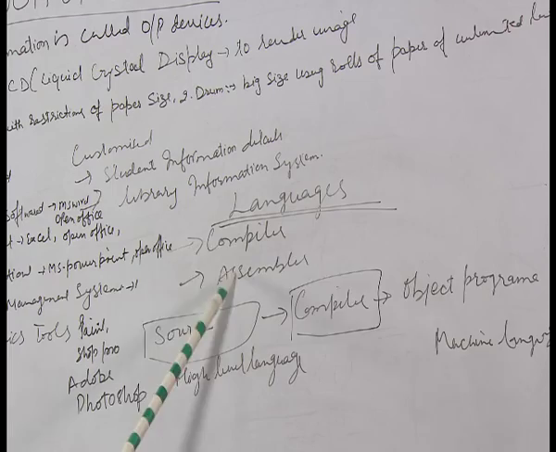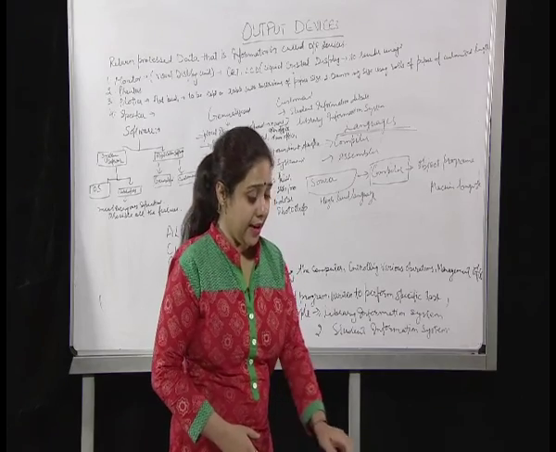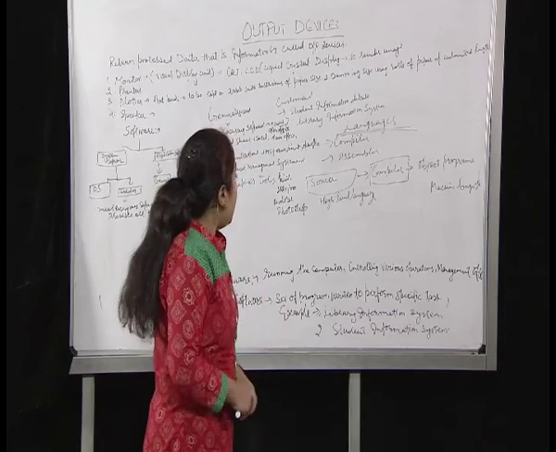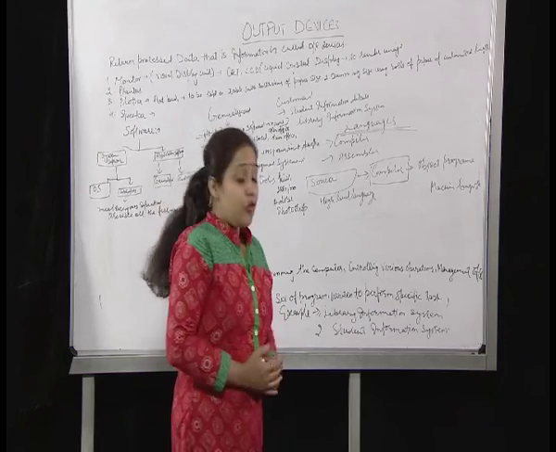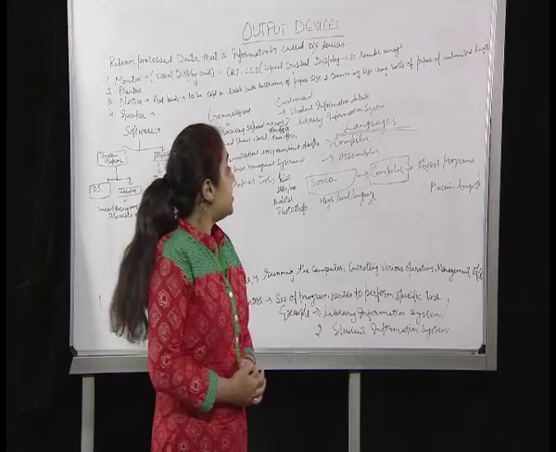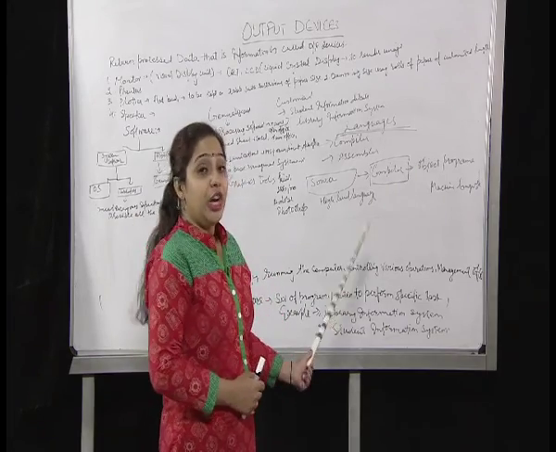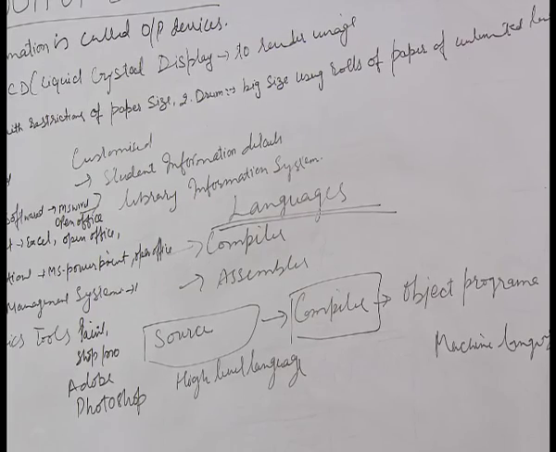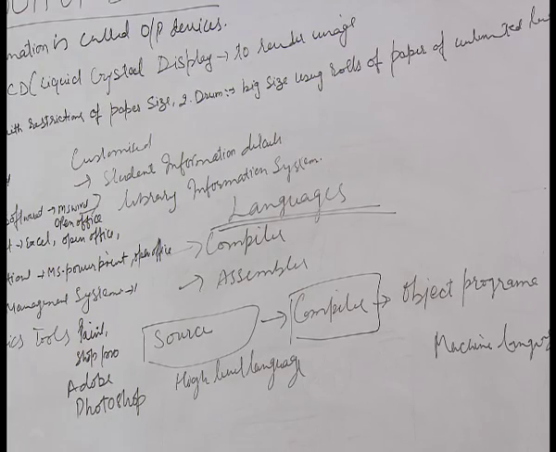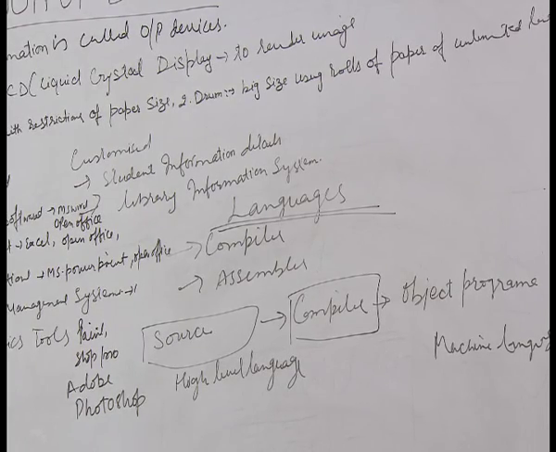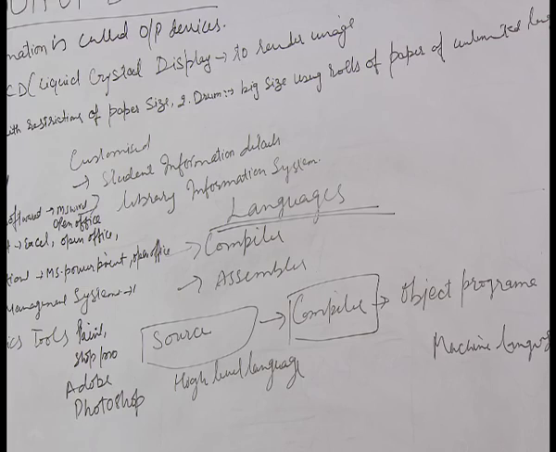These are very important, compiler and assembler. So what is compiler? Compiler is a set of programs that converts a high level language into a machine level language.